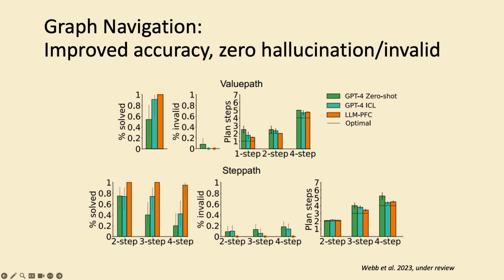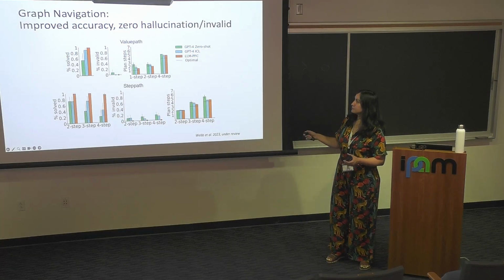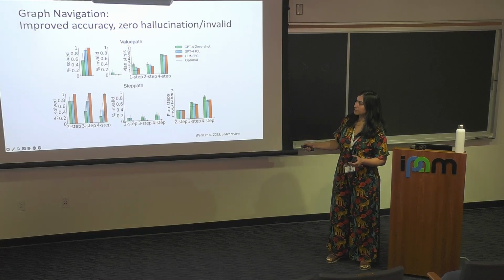What you see here is that when you look at step path, LLM-PFC solves all of them, but GPT-4, even with in-context learning, can't solve the 4-step. When we average across all of them, because there are fewer 4-step paths, it looks like the ICL is doing pretty great, even though the error bar is crazy.